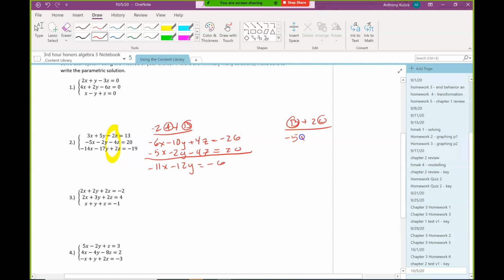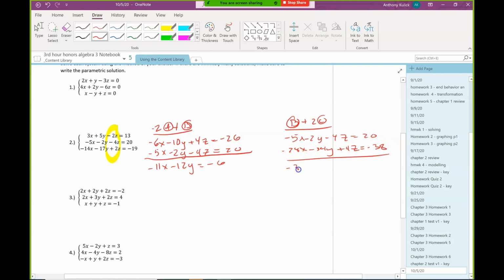And then b, I'll just recopy. And then 2 times c gives me negative 28x minus 34y plus 4z is equal to negative 38.